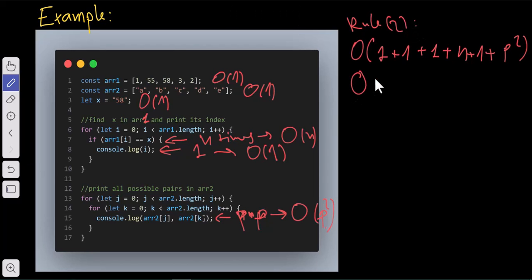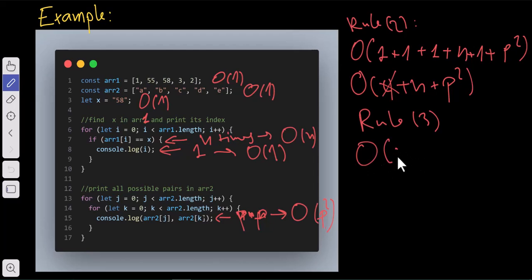So if we add up now terms, we will have 4 plus n plus p square. Now let's apply rule number 3, which says that we have to remove constants. So we will have something like the following.